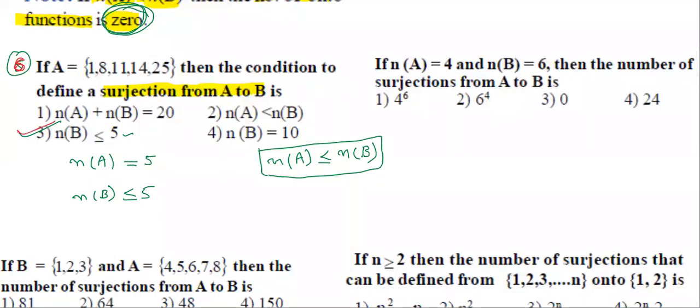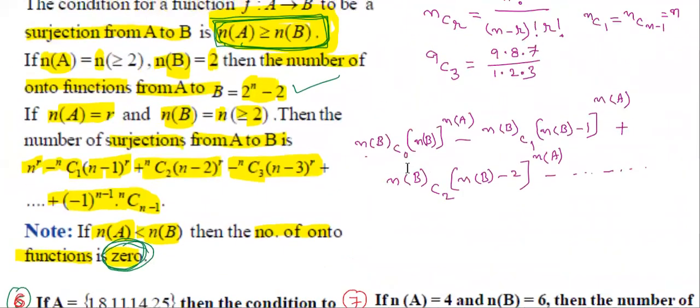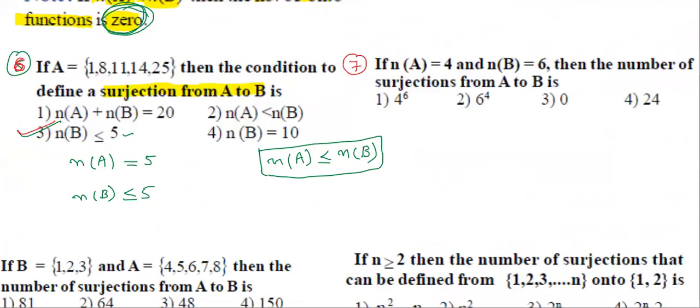Which option is correct, students? So the third option is correct. This is the sixth problem. And see the seventh problem. Here, the condition I have written is wrong. n(A) should be greater than or equal to n(B).